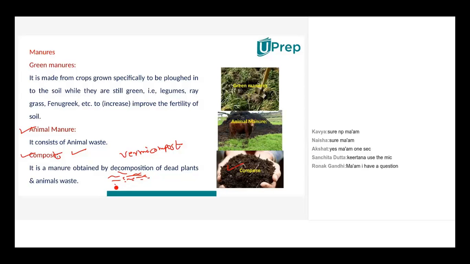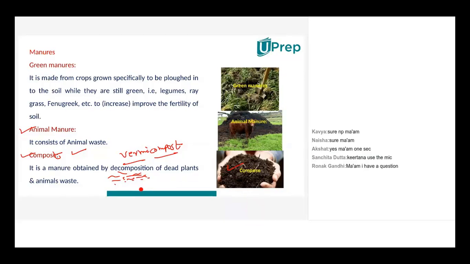You must have seen, earthworms continuously keep on feeding, right? And whatever comes out as the excreta is very highly rich in minerals. So that is known as vermicompost. Compost which is being fed to the earthworms is vermicompost.